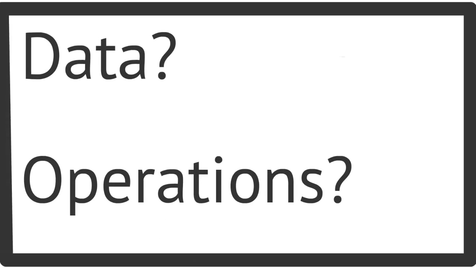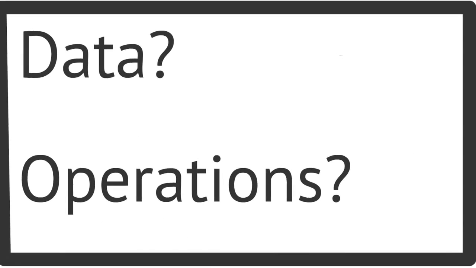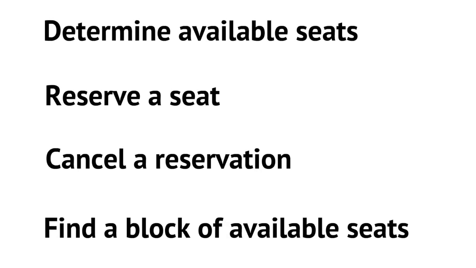For the data, we would need to represent the seats, as being reserved or available. For the operations, we would need to be able to determine the available seats, reserve a seat, cancel a reservation, maybe find a block of available seats. There are lots of different operations that you could imagine.